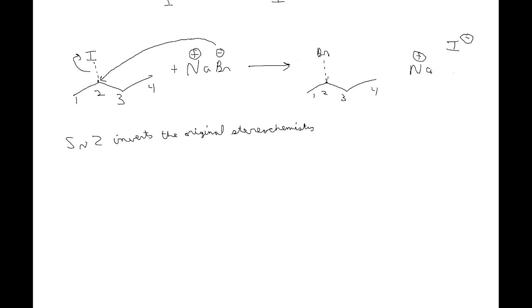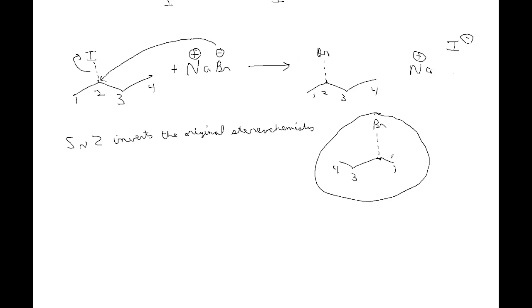You could swap any two groups around carbon 2. For example, if you wanted to, you could have done this. This would be a correct answer. This has inverted the stereochemistry because we swapped the two carbon chains.